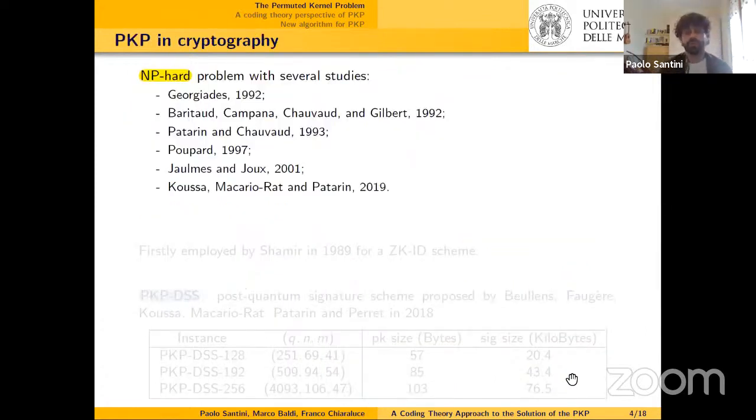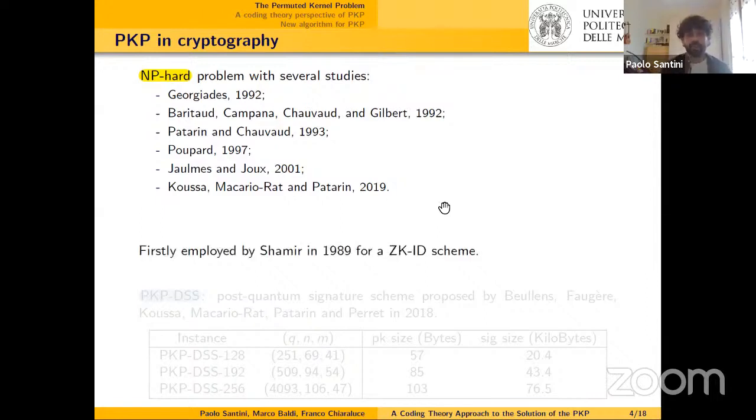The problem is known to be NP-hard, and it has been studied for some time. In the slide, I have reported some well-known attacks. In particular, we will focus a bit on the last attack because it is the state-of-the-art solver.